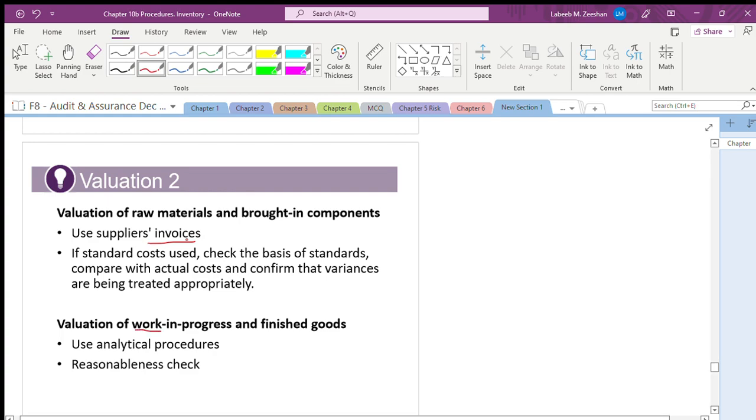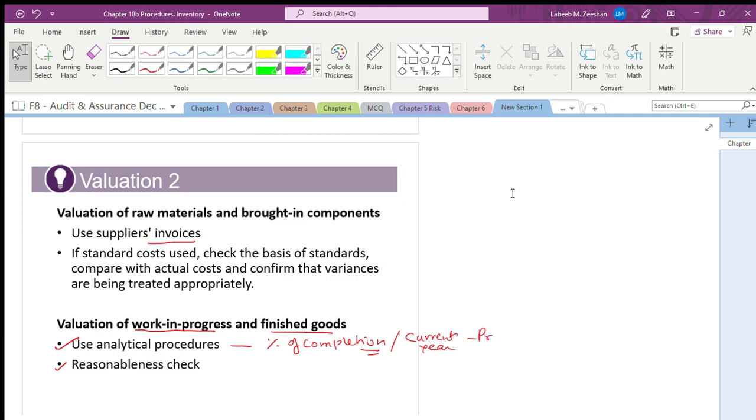Fine. In this process, when we are coming to the second stage, it is work in progress and finished goods. What do we use? We use something called analytical procedures or reasonable checks. Analytical procedures is nothing but we will compare percentage of completion, what happens in the current year and what happens in the previous year.